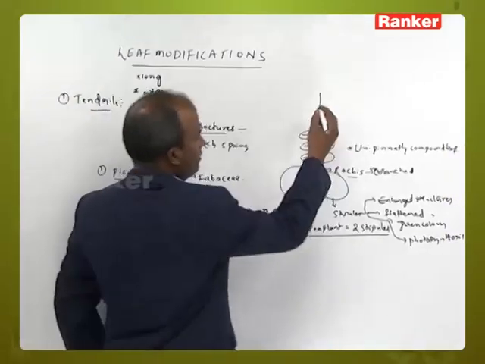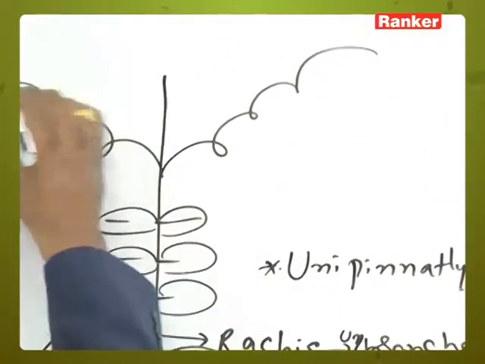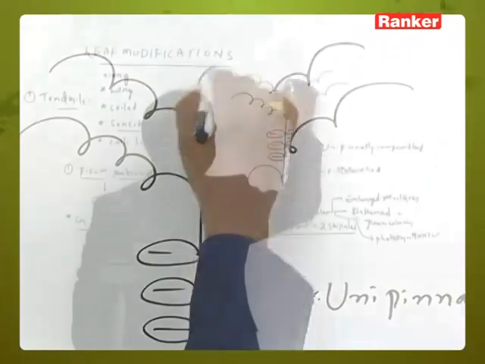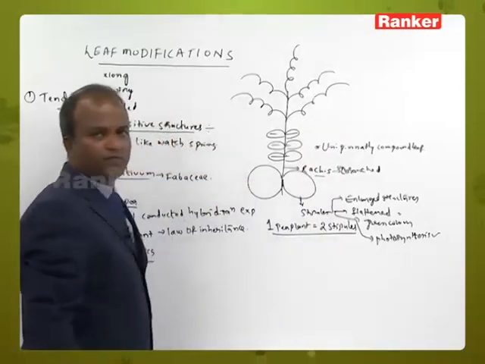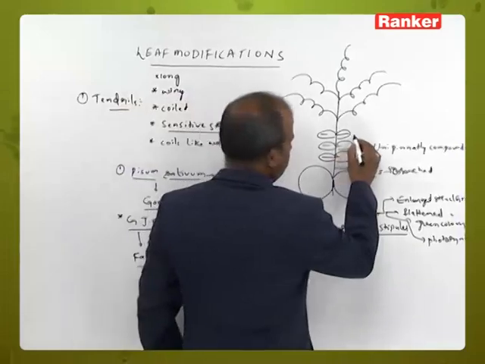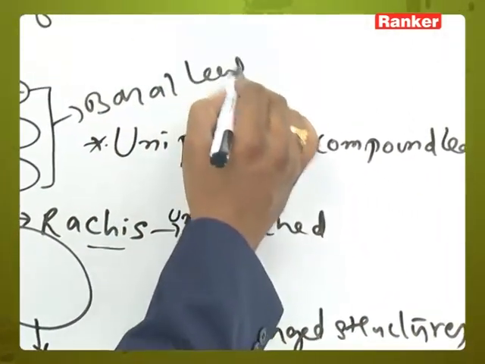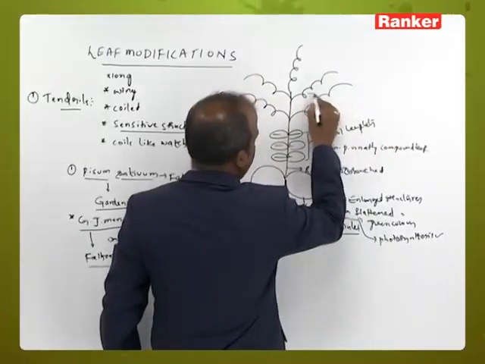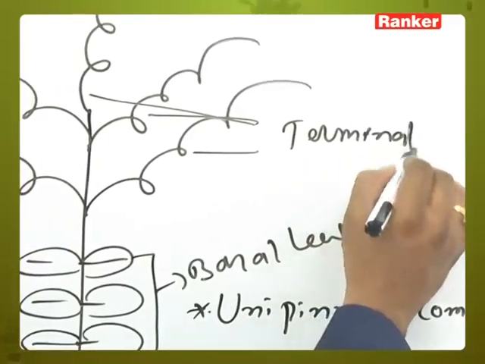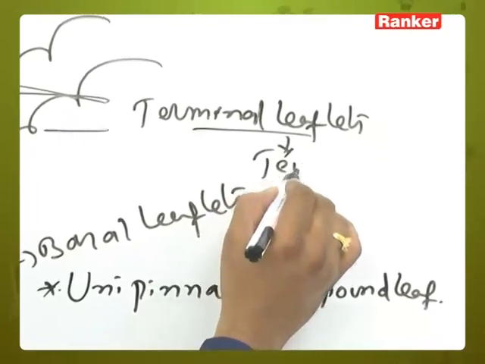One more thing here: the terminal leaflets are modified into tendrils. These are called basal leaflets, whereas these are called terminal leaflets, which are modified into tendrils.